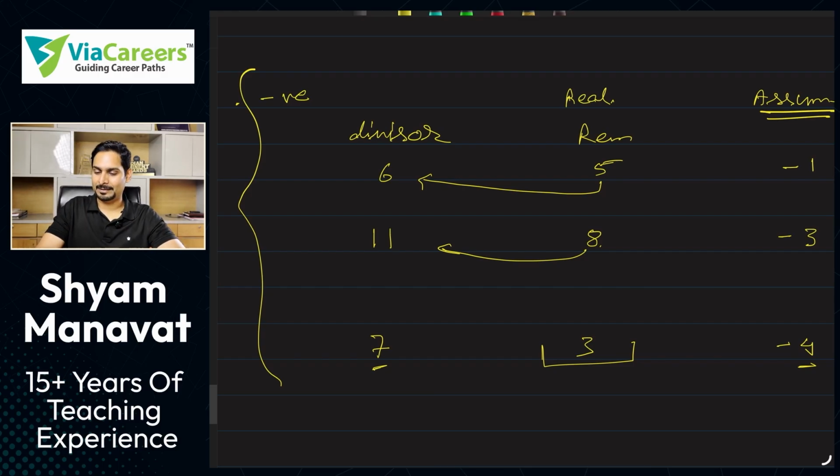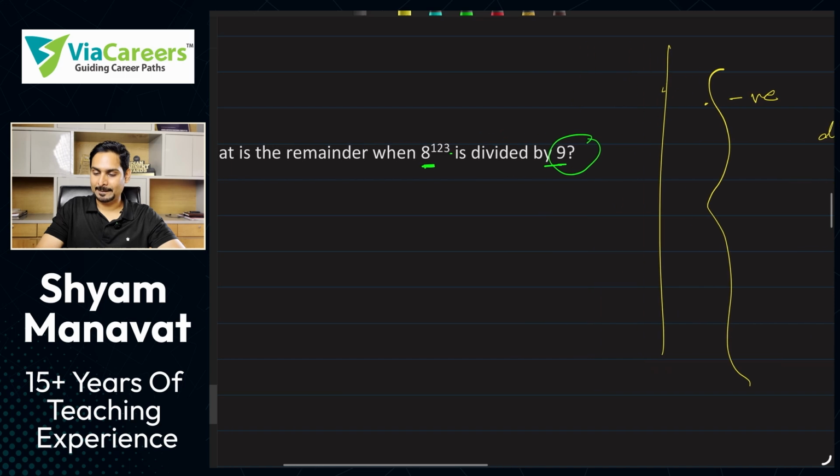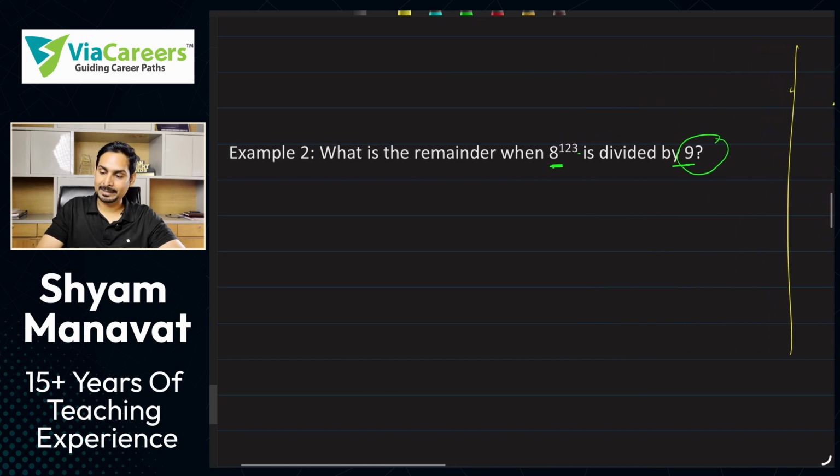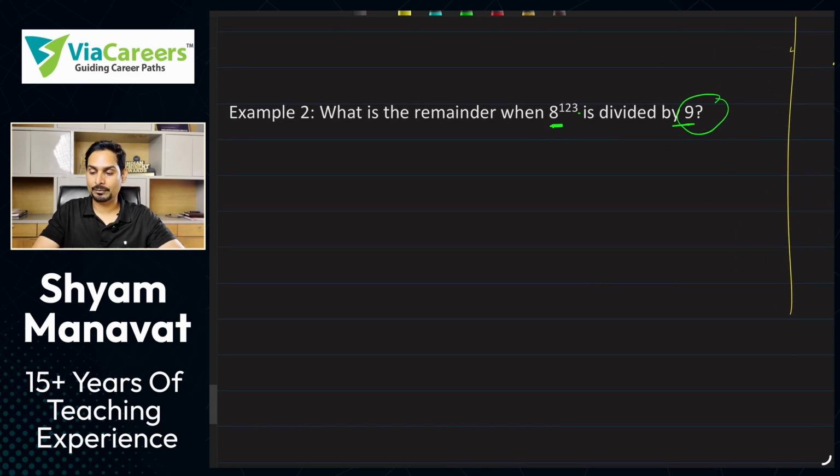Okay. In this case, let's apply that negative remainder concept for this particular question. I can show you with the positive remainder also, but we have learned a new concept, so let's try it. When I have 8 to the power 123 and the divisor is 9, what is the final remainder?